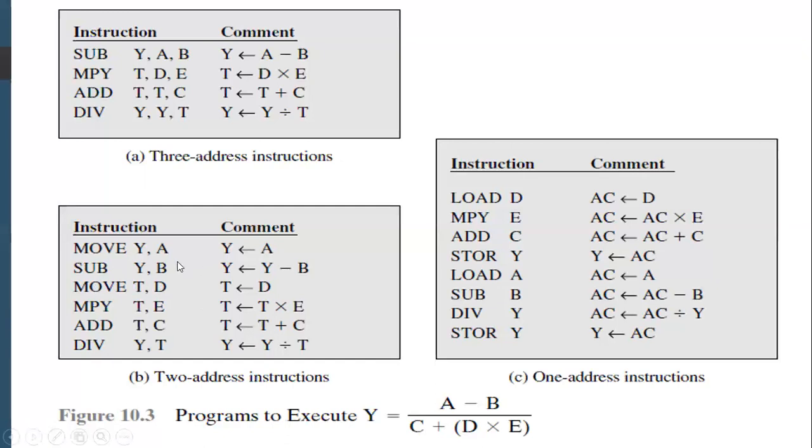Here we have started from the numerator. We have first calculated the numerator. Now we are going to calculate the denominator. We already have D in our T memory location.